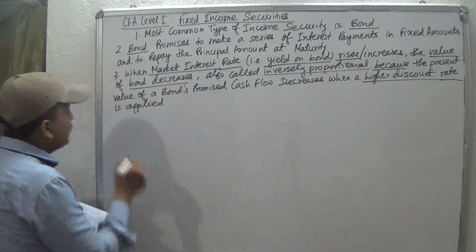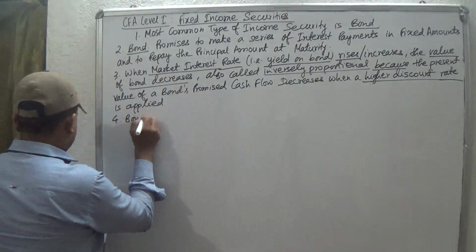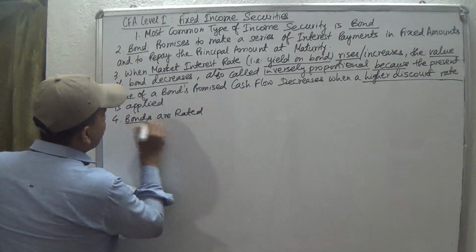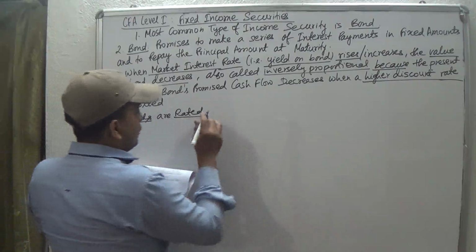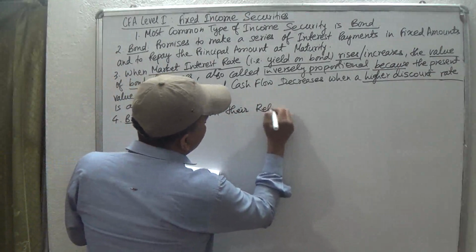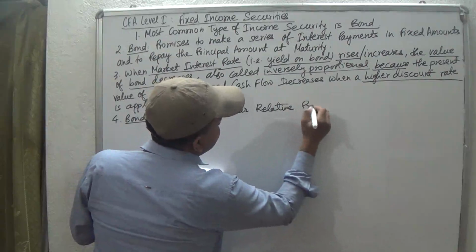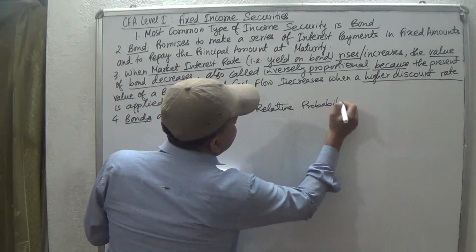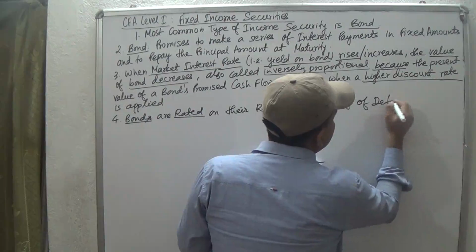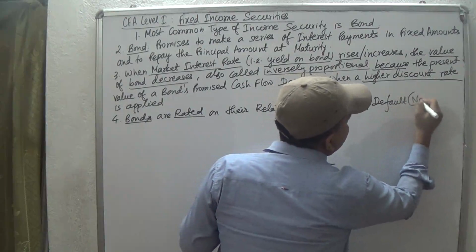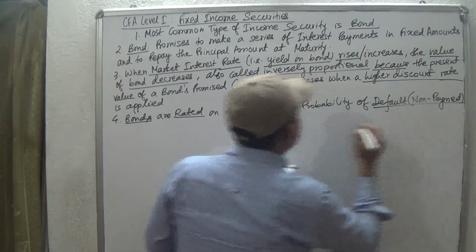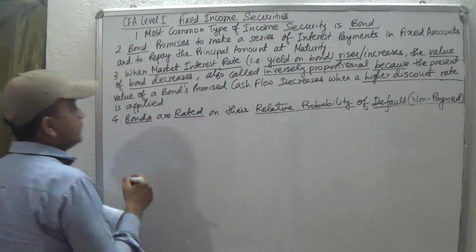Please write down this thing also: bonds are rated on their relative probability of default. Default means non-payment.